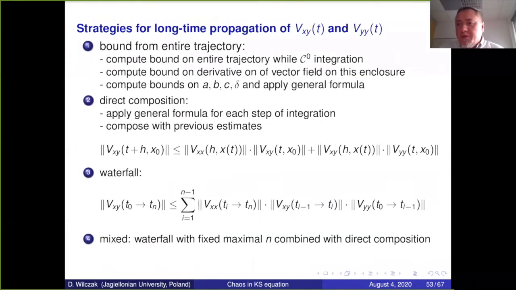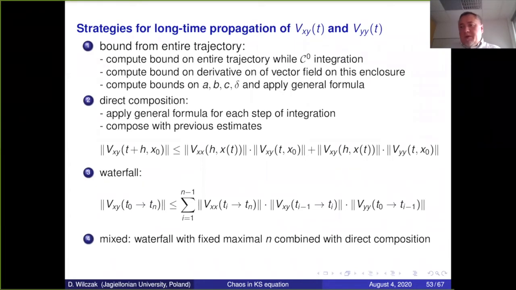Here is a very important part. In order to propagate norms, because we cannot compute expressions for this, we have bounds for norms. In order to propagate those norms, we have several strategies. The first strategy is to bound norms for Vxy and Vyy from the entire trajectory.